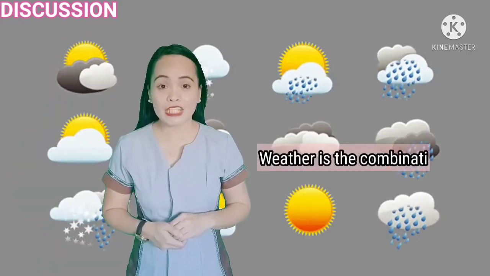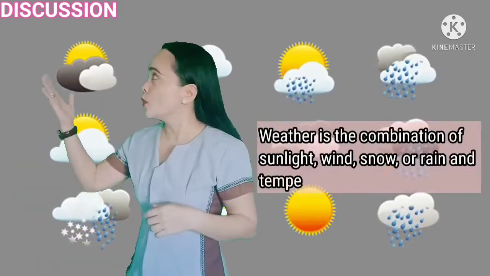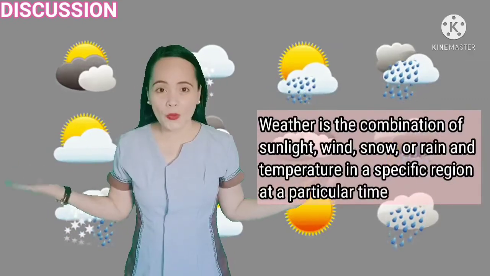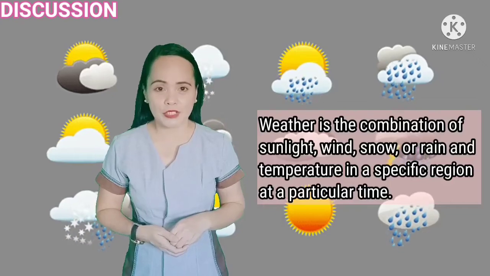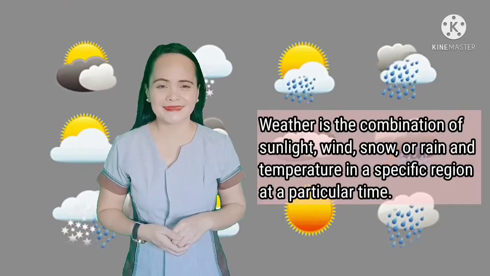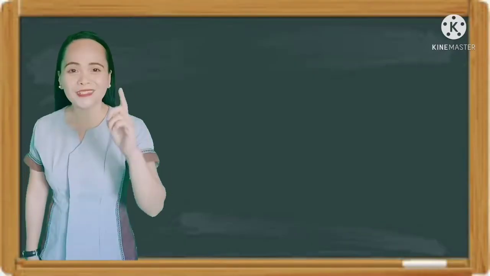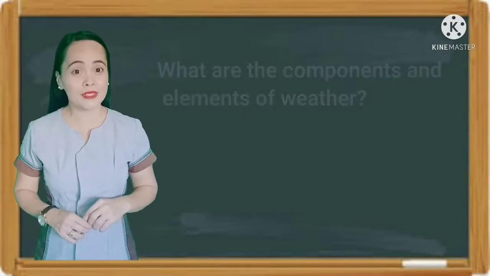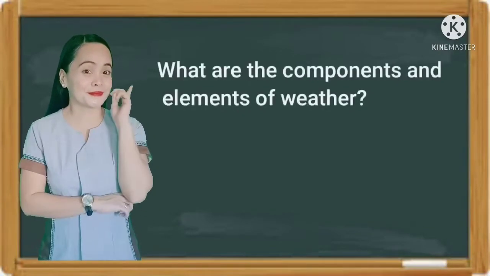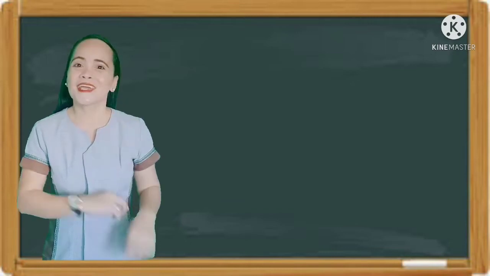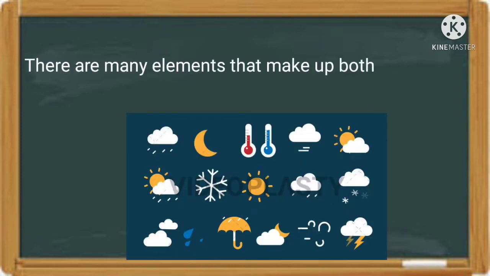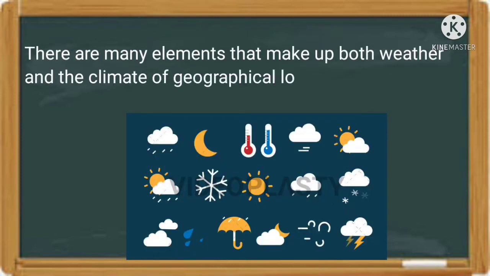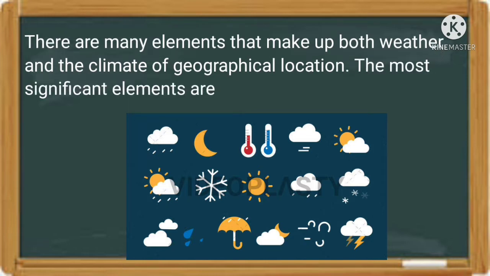Weather is the combination of sunlight, wind, snow, or rain, and temperature in a specific region at a particular time. What are the components and elements of weather? Great answer! There are many elements that make up both weather and the climate of a geographical location.